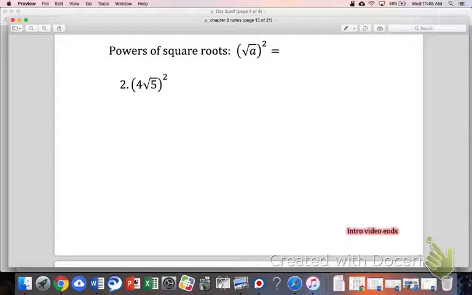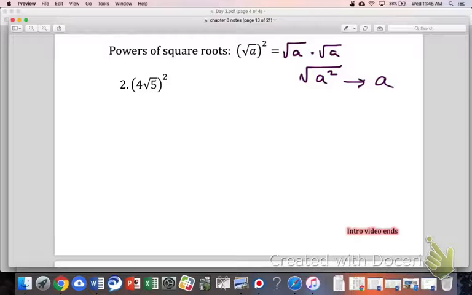Squared means times itself, so this would be the square root of a times the square root of a. Like we just learned, when you're multiplying two square roots together, you make one big square root and multiply the radicands. A times a is a squared, and what times what is a squared? You get a. So this is one way of looking at this.